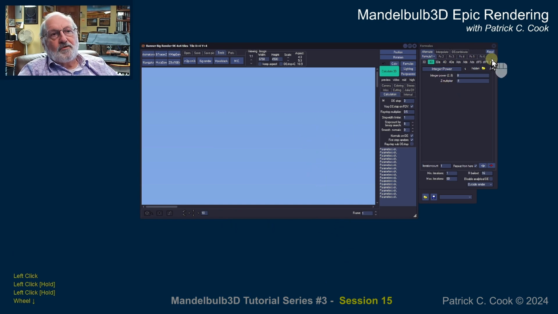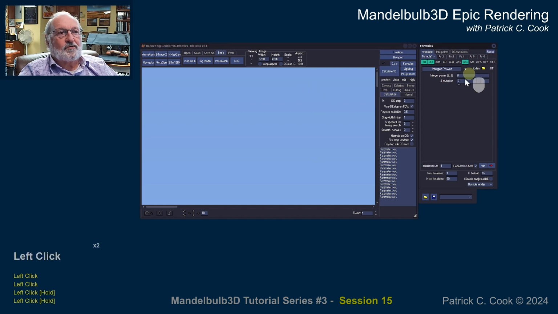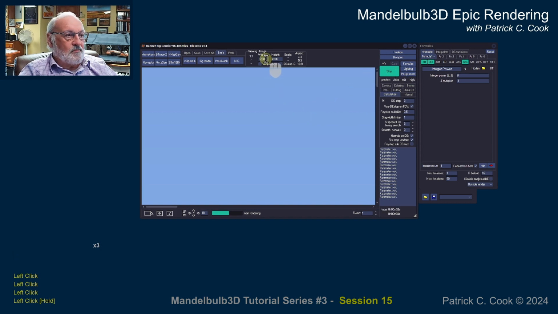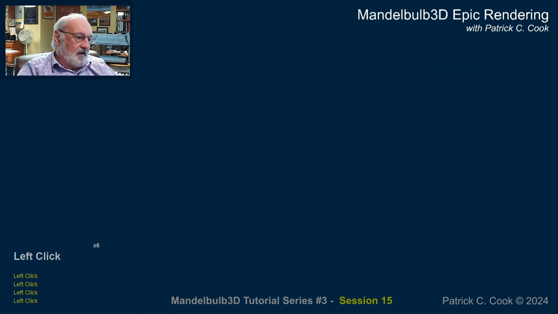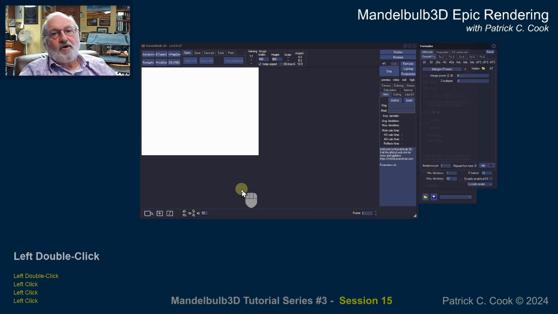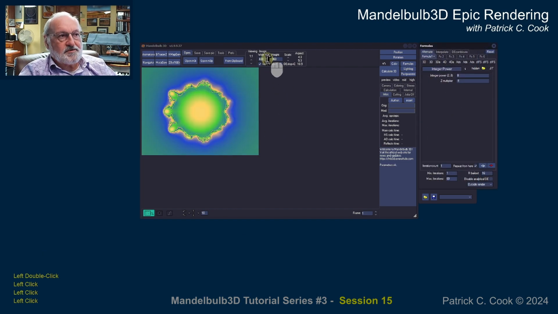And I'm just going to go ahead and reset this. Let's just do a reset like that, and I'll calculate it. Actually, let's forget that. I'll tell you what, I'm just going to close Mandelbulb, and I'm going to start it all over again, because that will automatically get me a total reset of everything.